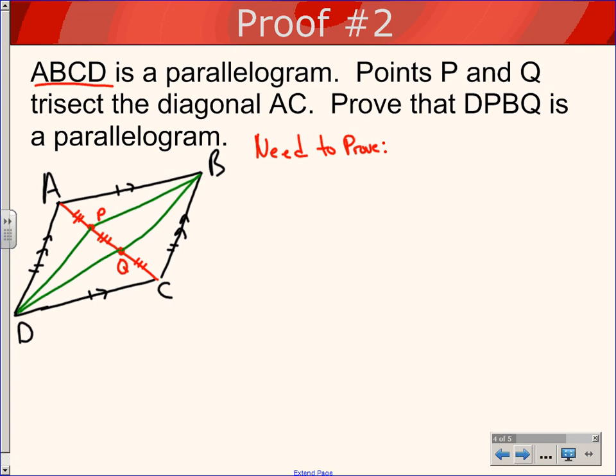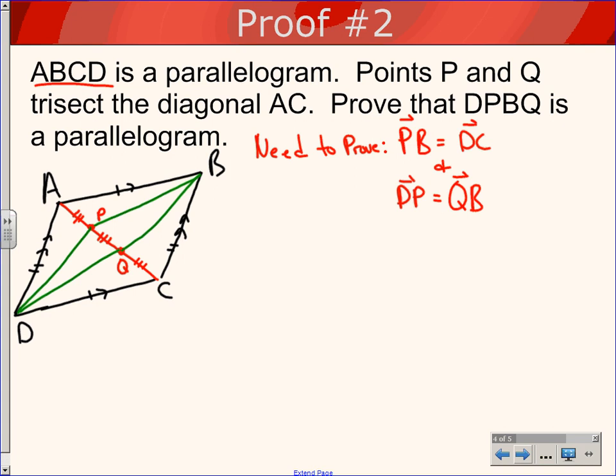That's exactly saying that opposite sides are equal vectors, isn't it? So we want to prove that vector PB and the opposite side to that would be DC. We just want to prove that those are equal. And then similarly, on the other side, DP is equal to QB.